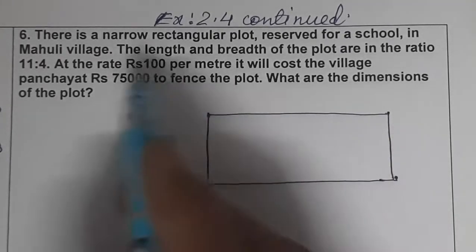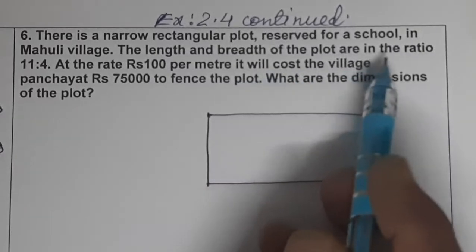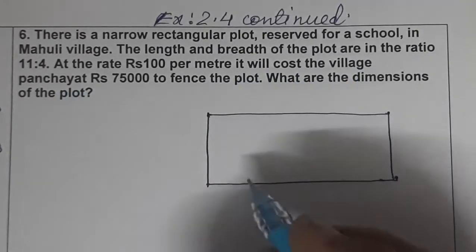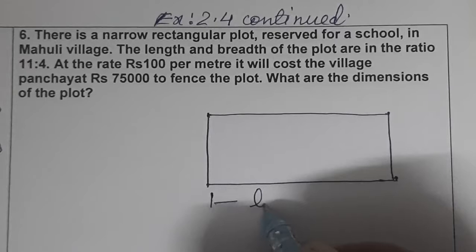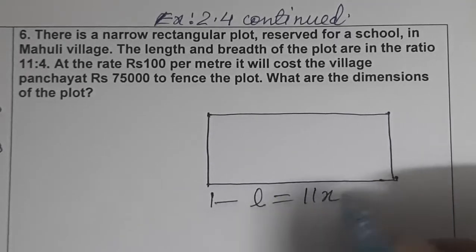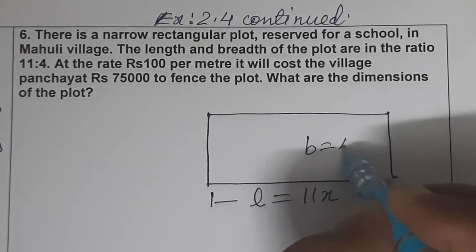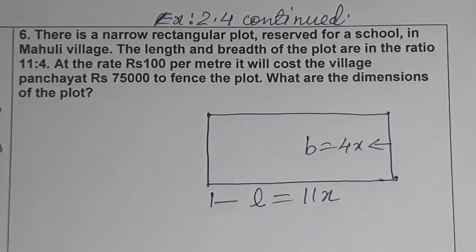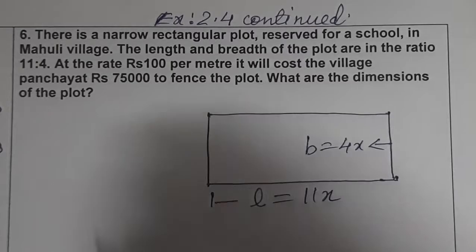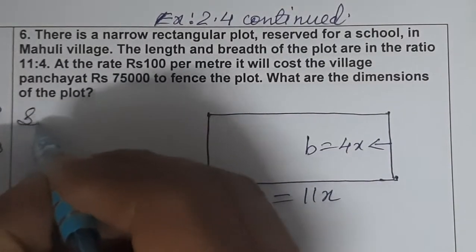And the length and breadth of the plot are in the ratio 11:4. And whenever ratio comes, you have to assume length 11x and breadth 4x. So length and breadth are in the ratio 11:4. So length equals 11x and breadth equals 4x. So let's start with this only.